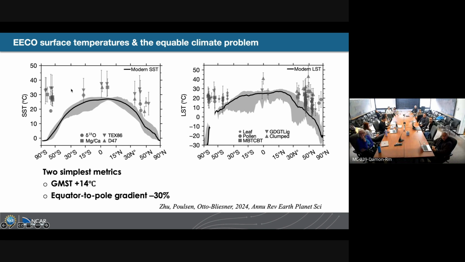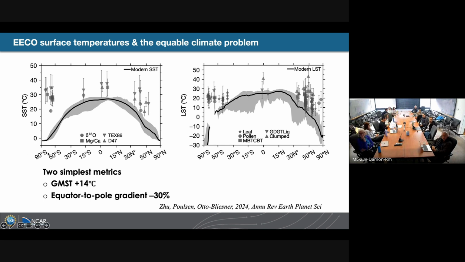And moving towards mid to high latitudes, you see greater warming in the SST. And similar features can also be found in the land surface temperature. And that is a lot of information, with a large uncertainty from each individual record.